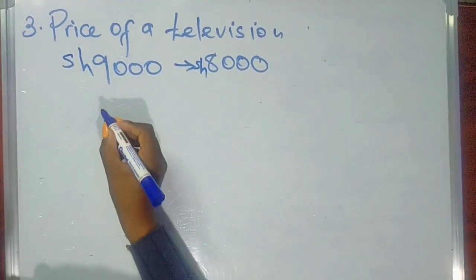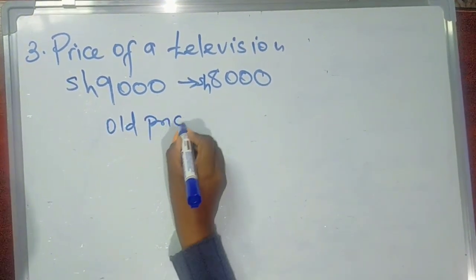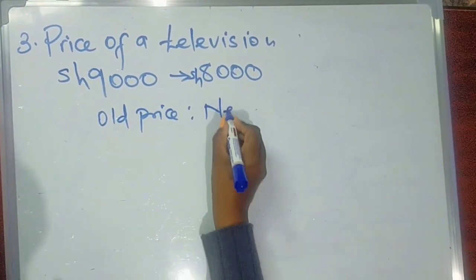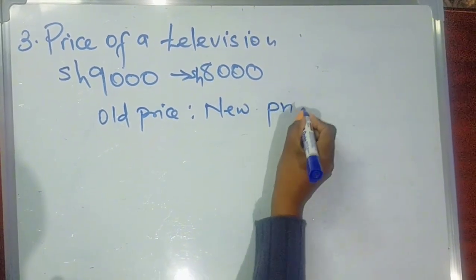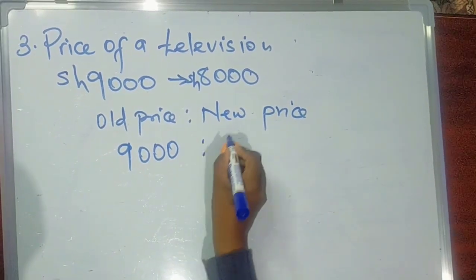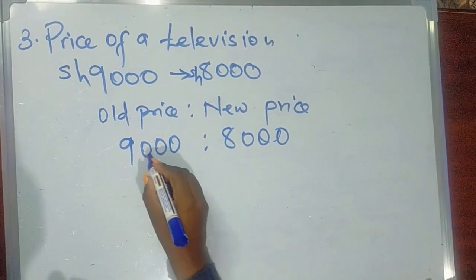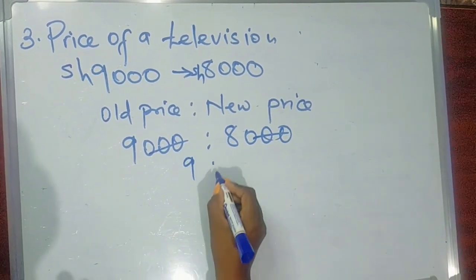The ratio of old price to new price is 9,000 to 8,000 shillings. So this is a ratio of 9:8.